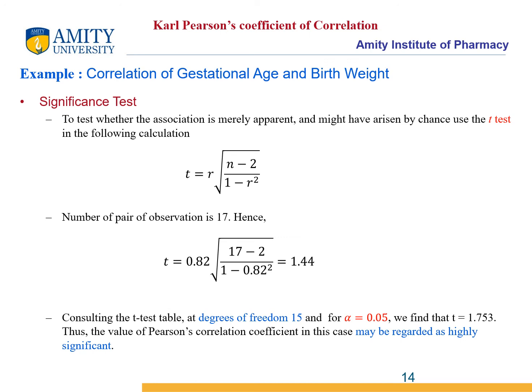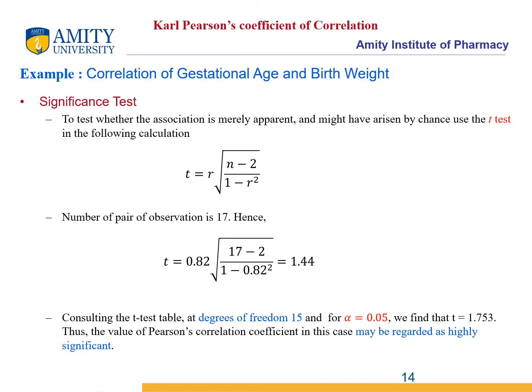By putting the values of r and n in the formula, we get the value for the significance test, that is 1.44. By this we can conclude that the significance is positive, and the calculated value of the Karl Pearson coefficient is showing positive correlation.